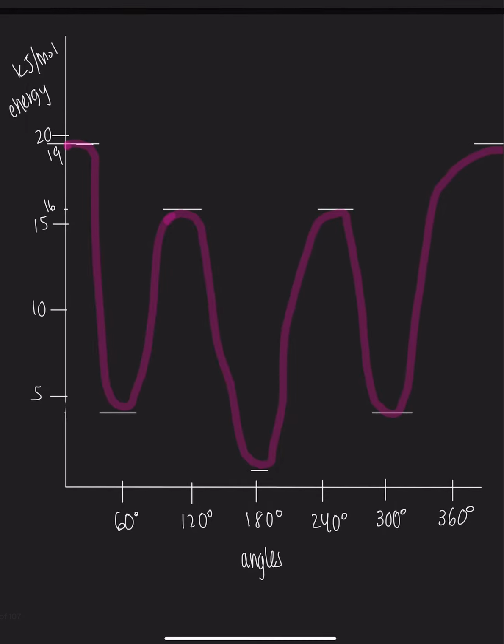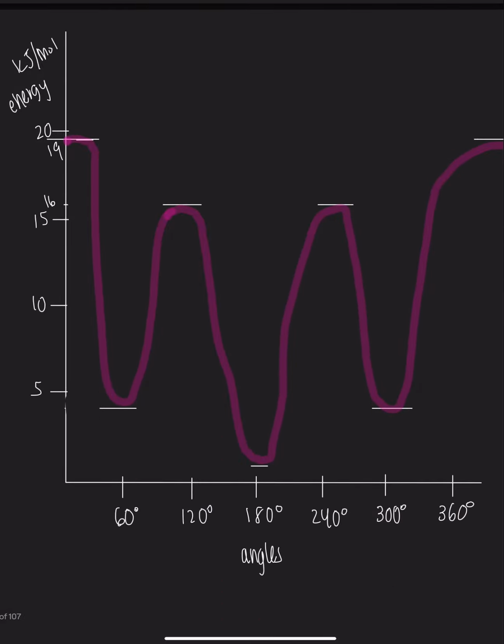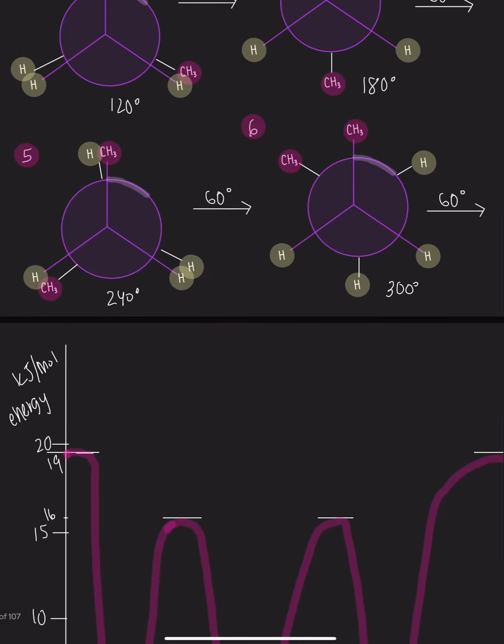And so, for example, here at 60 degrees, we saw that this is going to be an eclipsed, so it's lower in energy, but it is not going to be the lowest energy. What is the lowest energy? Like I said previously, the lowest energy is going to be the anti-conformation. Okay, then here on number 120, you're going to have, again, an eclipsed.